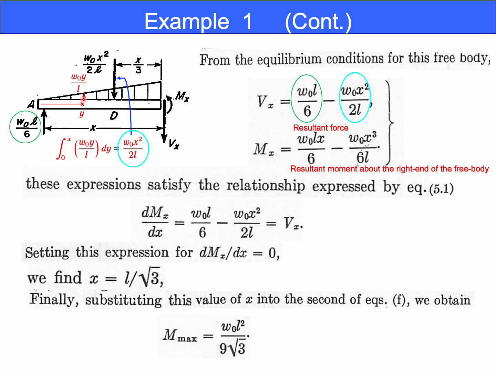Then you divide the summation by 2, and multiply by x to calculate the total load. You multiply this total load times x over 3 to calculate the moment.